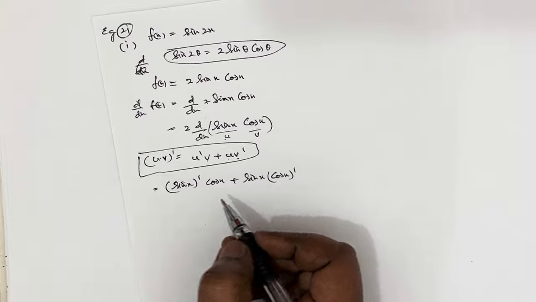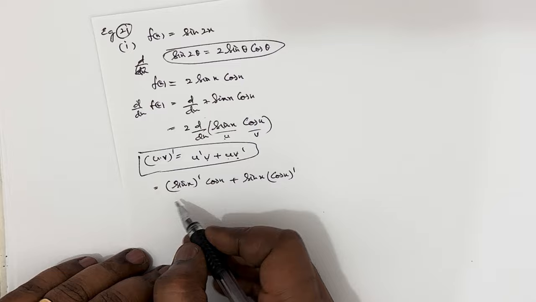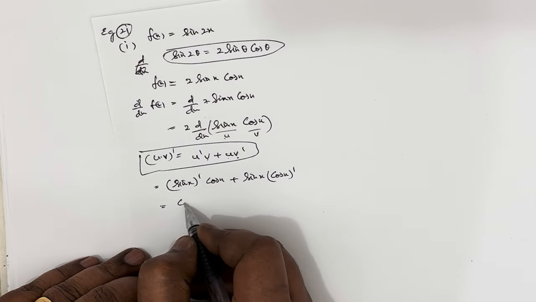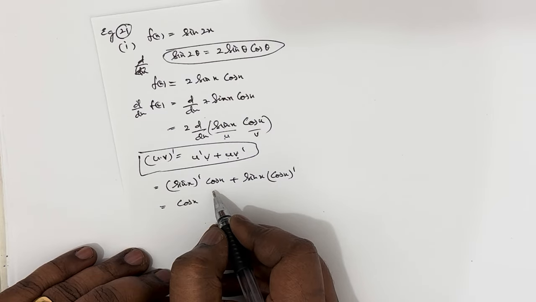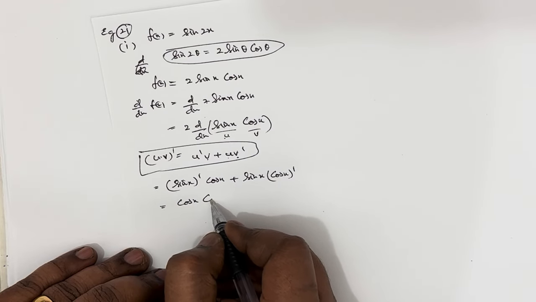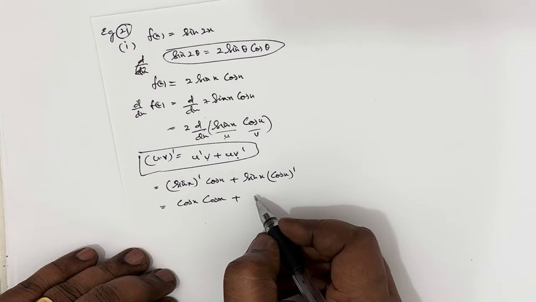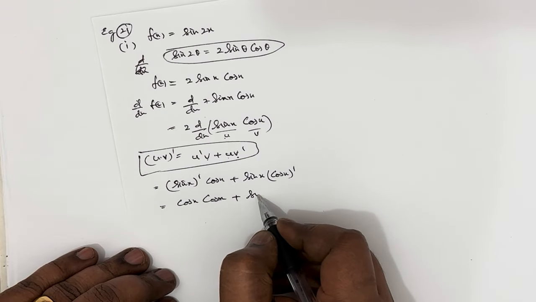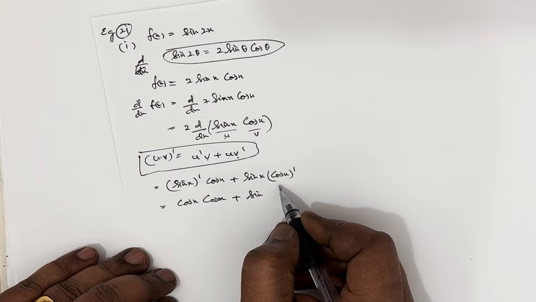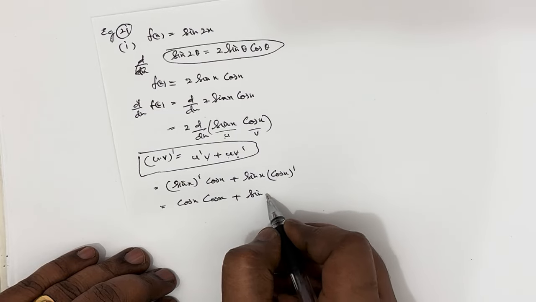Now the derivative of sine x is cos x, so we can write cos x, and here also this cos x, plus sine x, and the derivative of cos x is minus sine x.